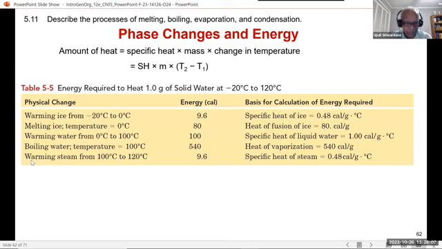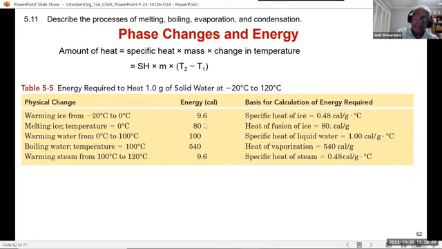Nothing happens to the ice until it reaches 0 degrees. To change the temperature from negative 20 to 0, you have to provide heat, 9.6 calories. How do I get 9.6? 0.48 multiplied by 1 gram multiplied by the temperature change, which is 20. 0.48 multiplied by 20 is 9.6. That's how you calculate energy.